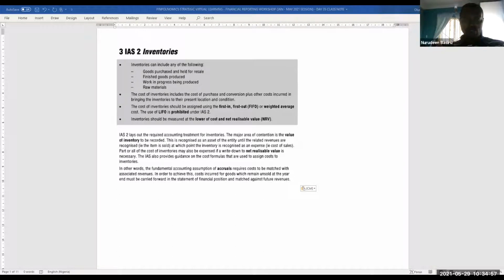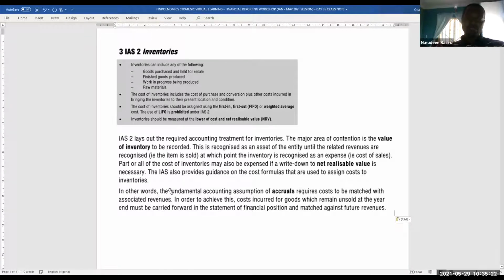To be honest with you, I learned it during my ICAN preparation stage, but I don't really know much about how we handle inventory when it comes to practice. I think my expectation is to know the reality about how to handle inventory in practice, especially the requirements of the International Financial Reporting Standards as per inventory. Thank you.